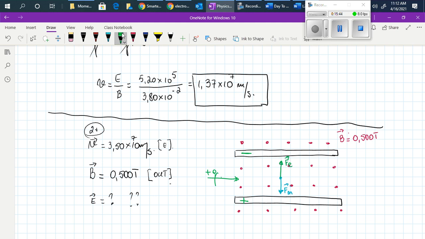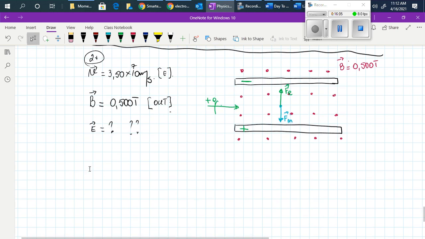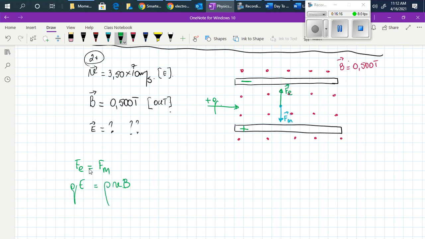Now, the electric force up and the positive charge that we had entering between the two plates dictates that the upper plate is negatively charged, therefore the lower plate is positively charged. Good. Now let's work with the values. So now what we have is electric force equal to magnetic force, or QE is equal to QVB.